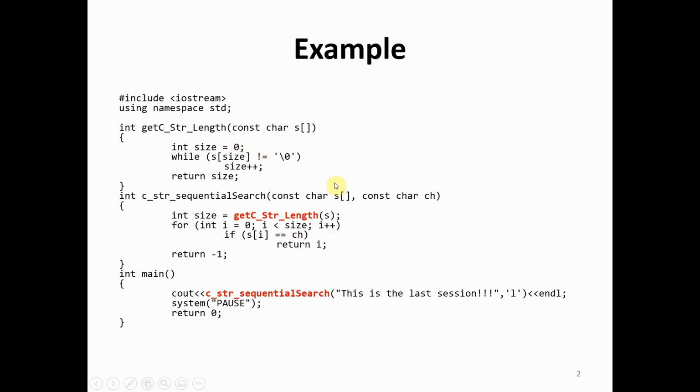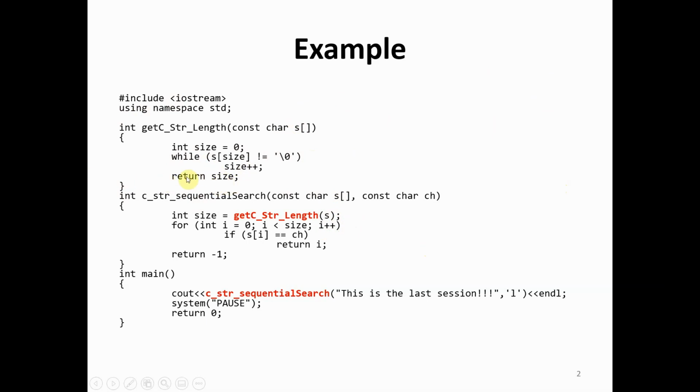So these two variables, although they have the same name and the same value, have two separate physical addresses in the memory, so they're not the same thing. Once this function finishes its operation, here we just calculate the size of a C string and return the size.